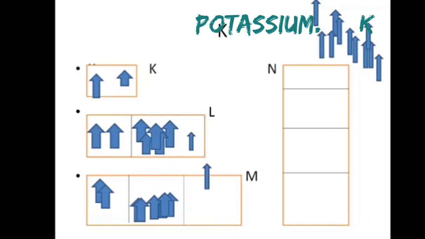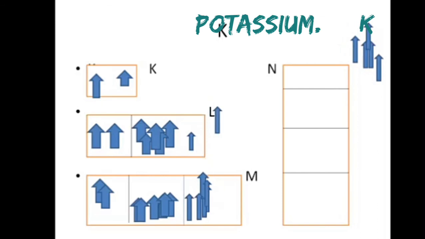And 10 electrons will be there in the D orbital of M shell. Now 1 electron remaining will be going to the S orbital of N shell.